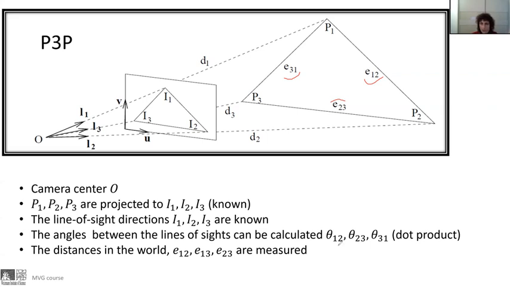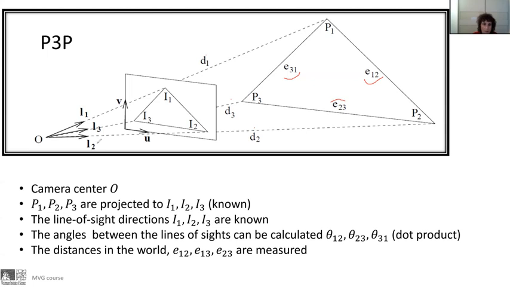And now I want to use this information to calculate what? To understand what are the distances between the center of the camera and these 3D points. Here it's written D1, D2, and D3. Then you will see, if I know these D1, D2, and D3, why it's possible to understand what the camera matrix is.